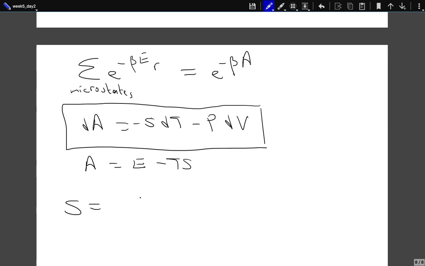Okay, what's the entropy? K logarithm of omega. Well, this was one definition.